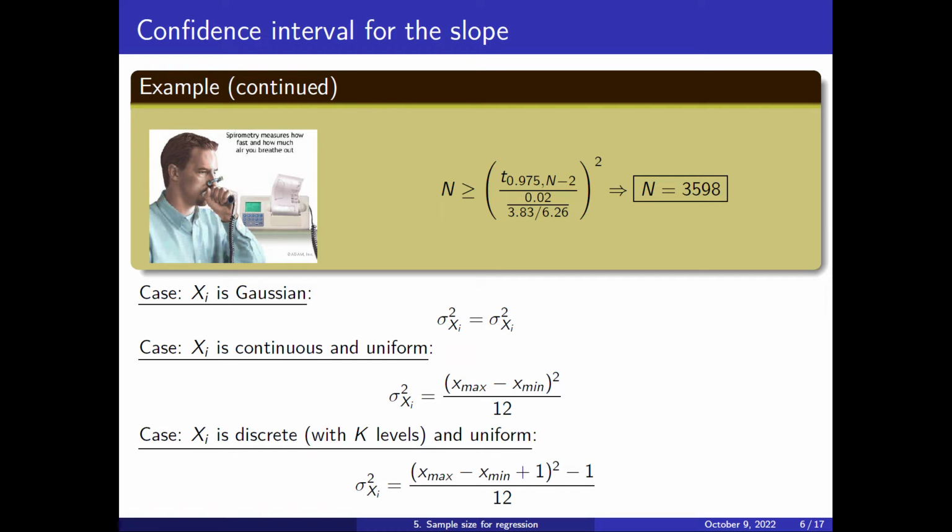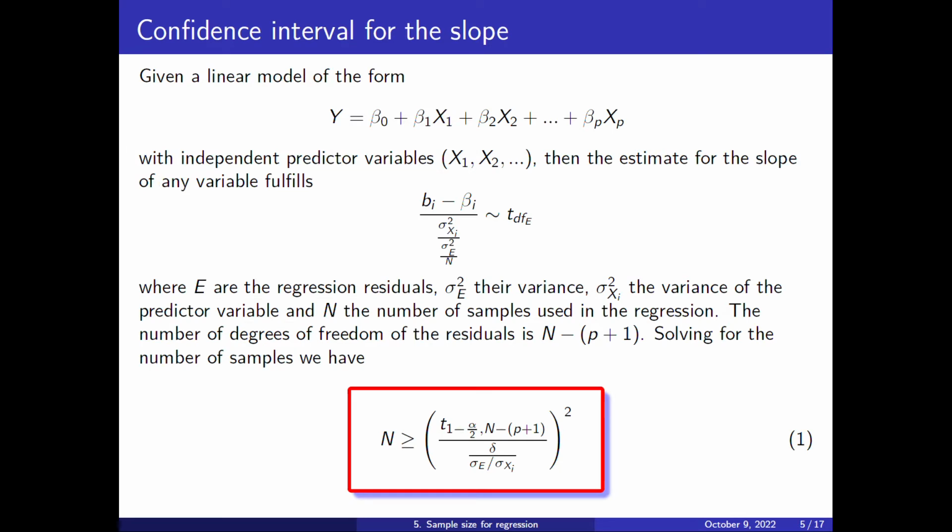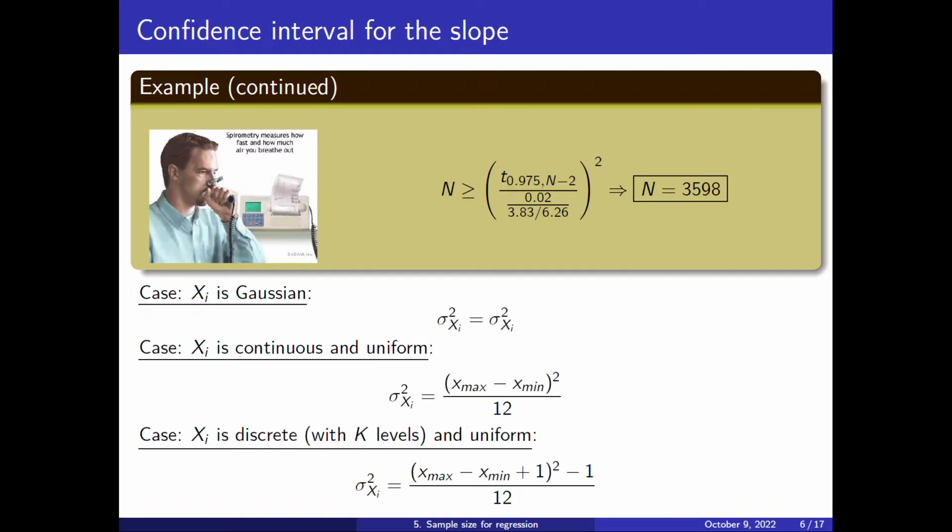And here is a help to compute the variance term that appears here in the equation. If the predictor xi is Gaussianly distributed, it is simply the variance of that variable.